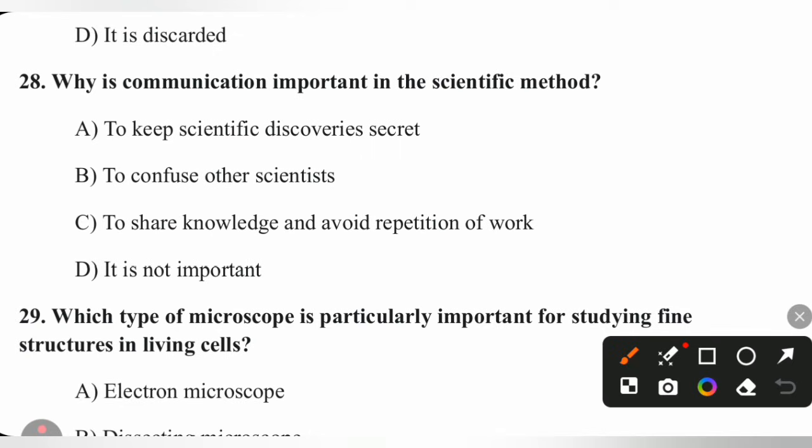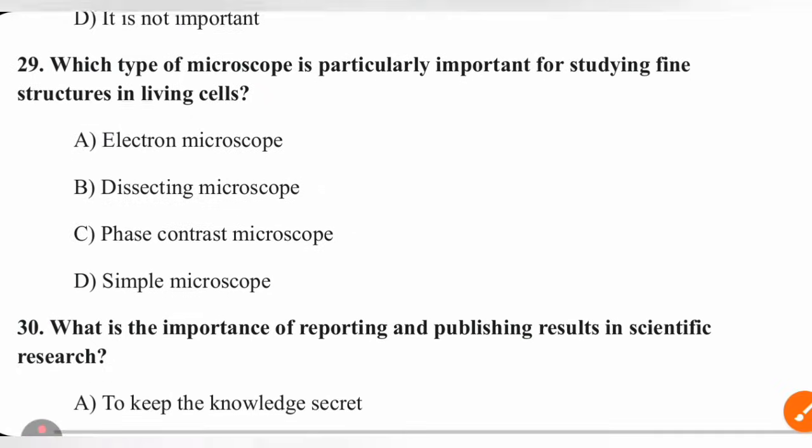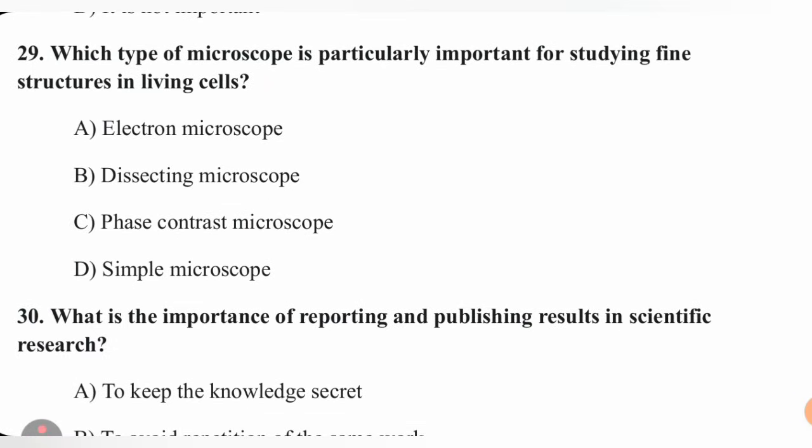Communication: C. To share knowledge and prevent repetition.